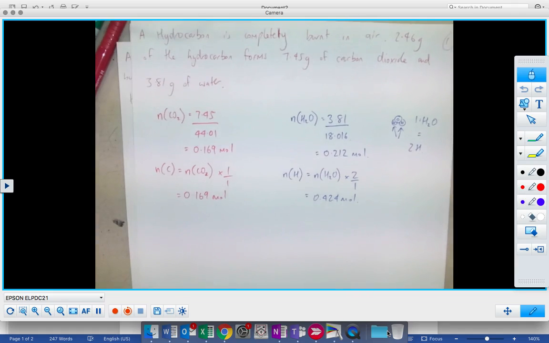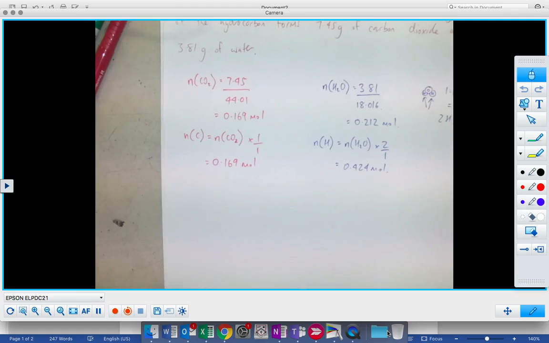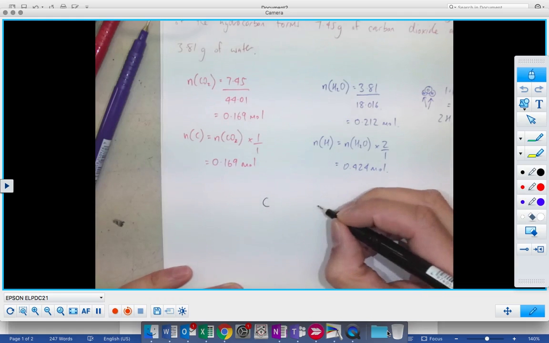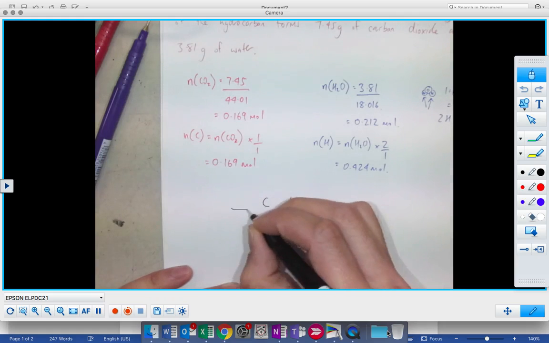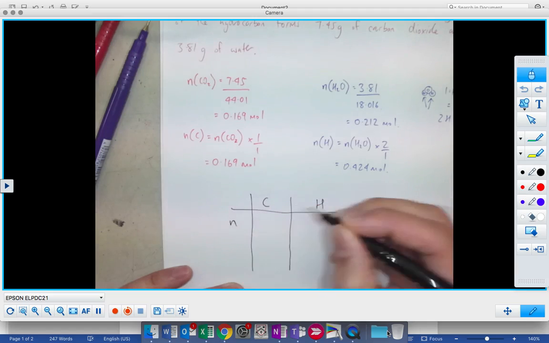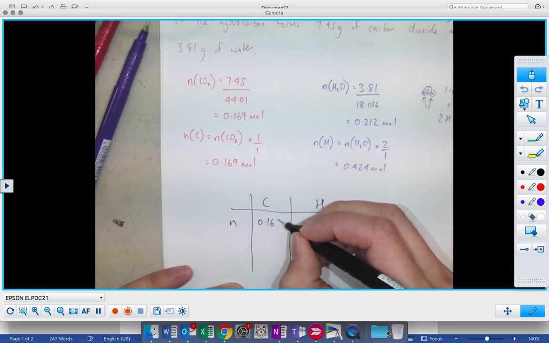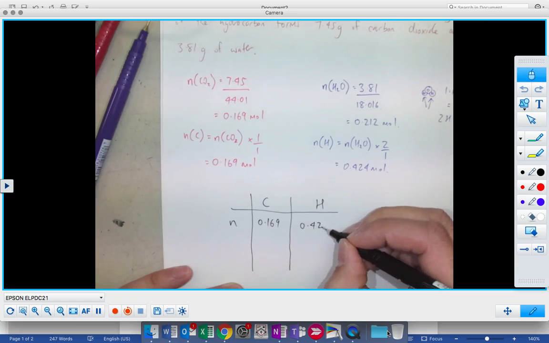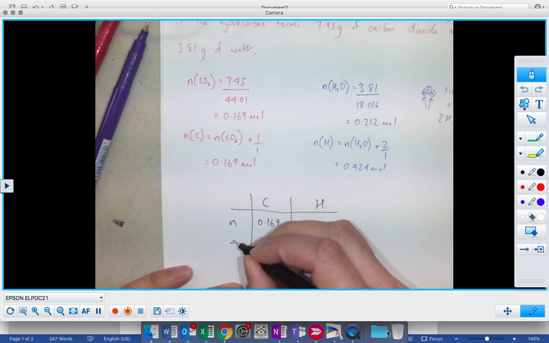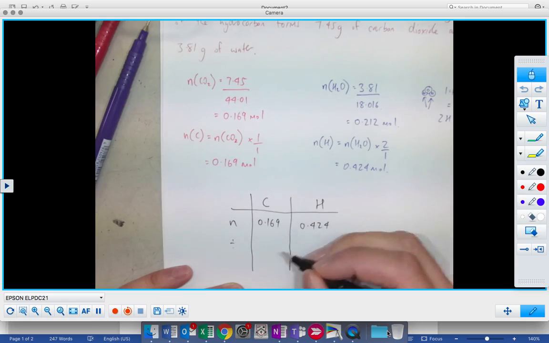Now we can move on and work out the ratio between them. We have carbon and hydrogen, with the number of moles of each, 0.169 and 0.424. We divide by the smallest, which happens to be the carbon.